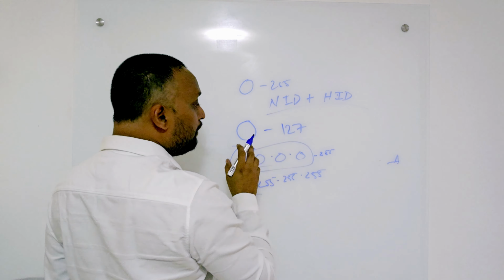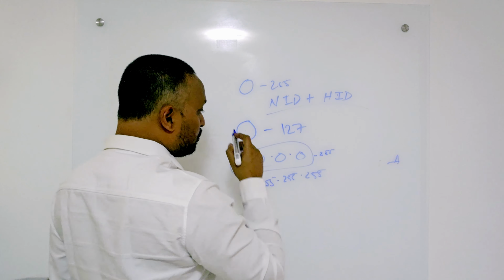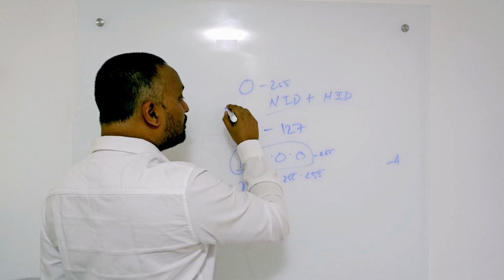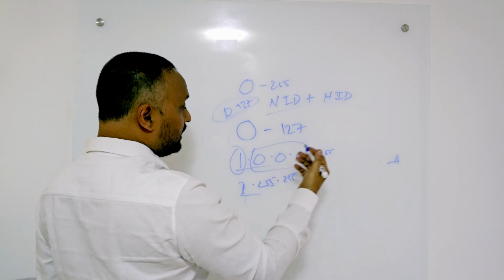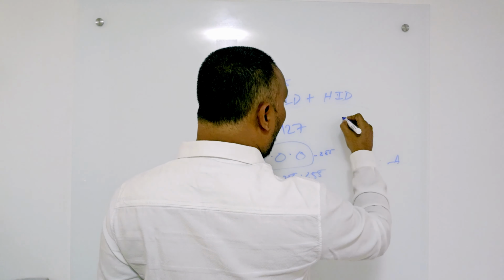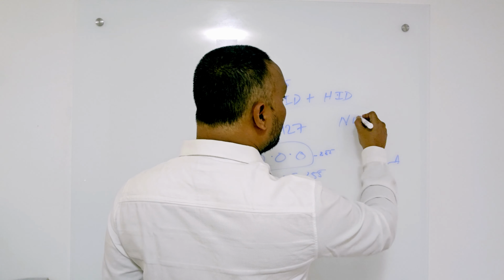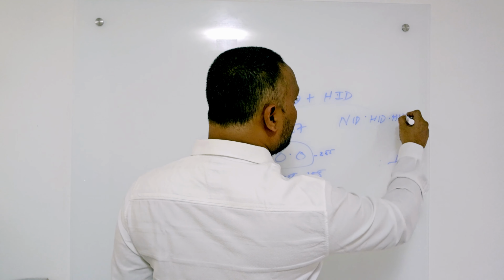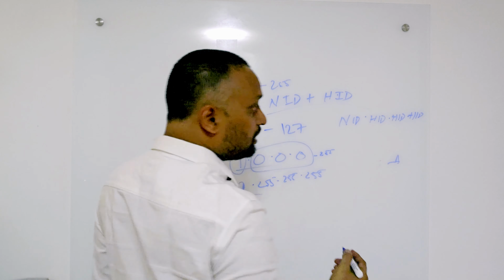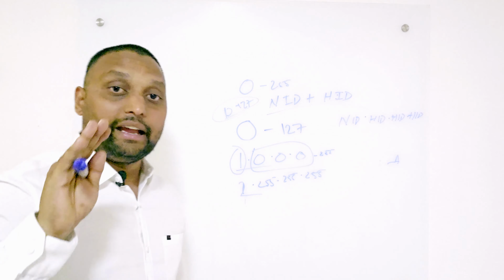The network ID defines which class it belongs to. Since I mentioned 1.0 to 127, these fall under class A. So class A will have the first octet as NID dot HID dot HID dot HID. That is how the IP address looks in class A.